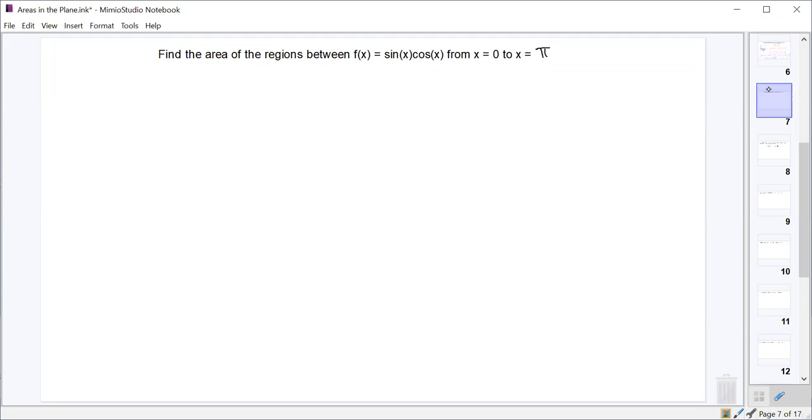All right, look for x-intercepts. Perfect. So if you set sine x cosine x equal to 0, which tells us that either sine x equals 0 or cosine x equals 0, right? Well, on the interval from 0 to pi, when does sine x equal 0? x equals 0 and pi. And when does cosine x equal 0?